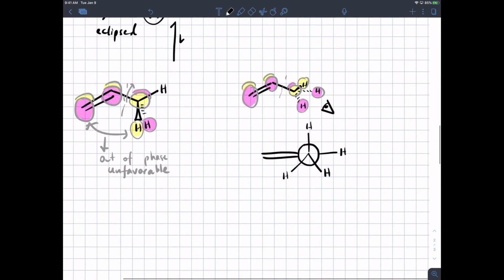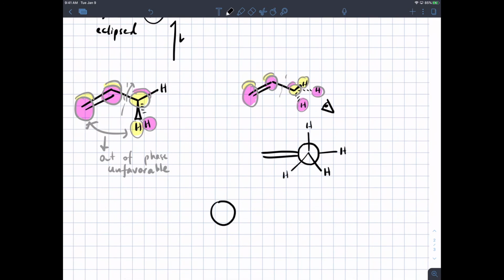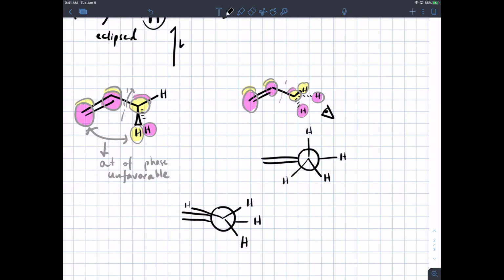I mean, we're basically asking, without all the orbital drawings, why do we go eclipsed here? I don't know. Why is that lower in energy? And is it legal to use the other πCH3 like that?